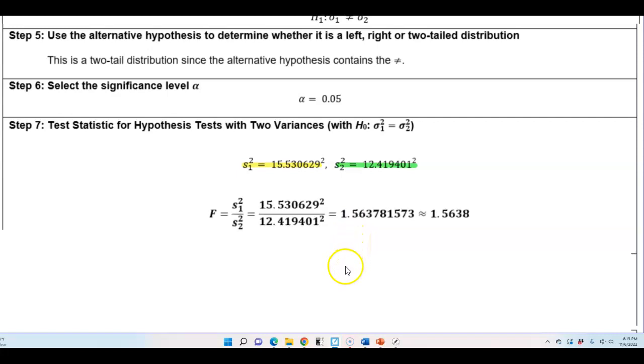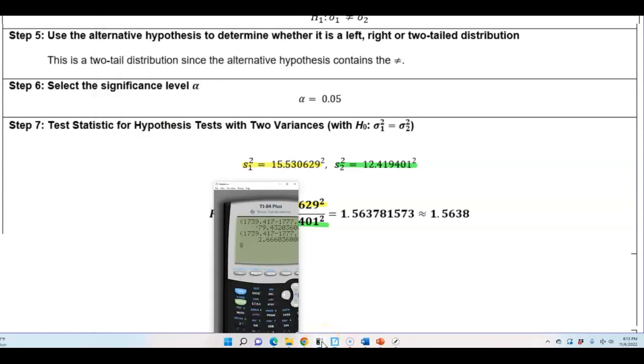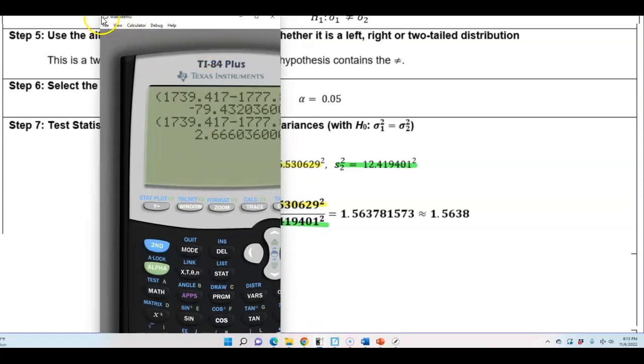So the F test statistic is sample variance 1 divided by sample variance 2. So we're taking that value and then dividing it by that value. Let's go ahead and do that on our calculator just to make sure that we get the correct value.